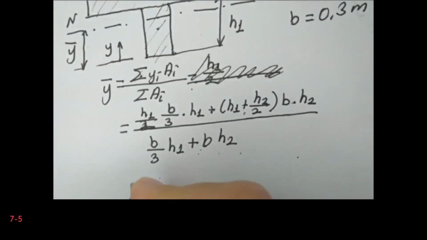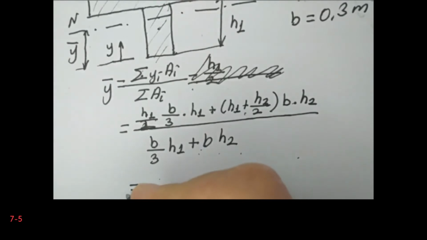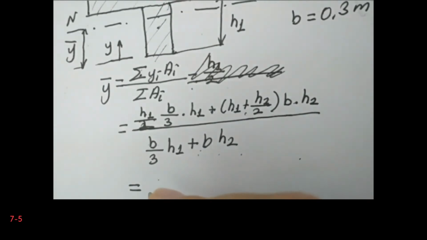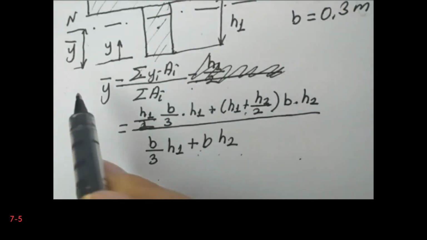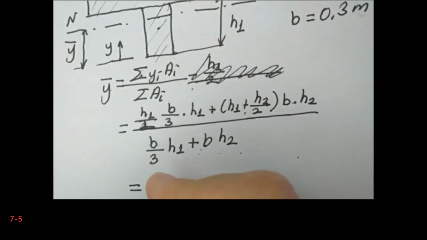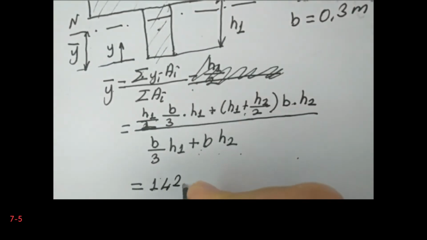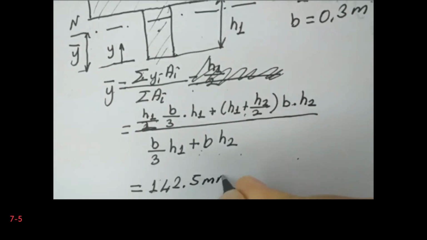Now we can substitute the variables into their places. Then what we are going to get, for the location of the centroid, is 142.5 millimeters.